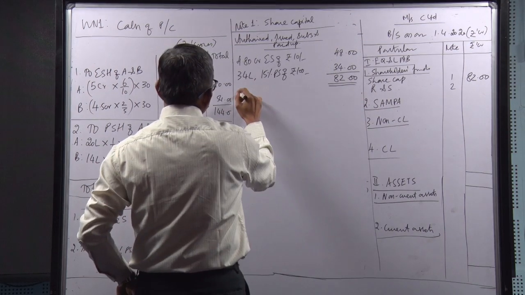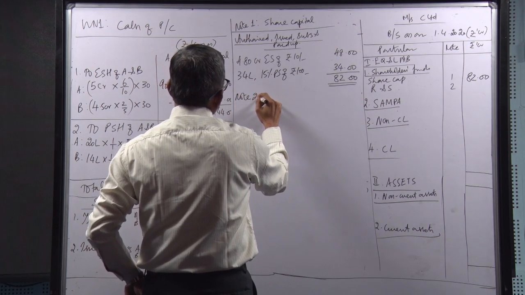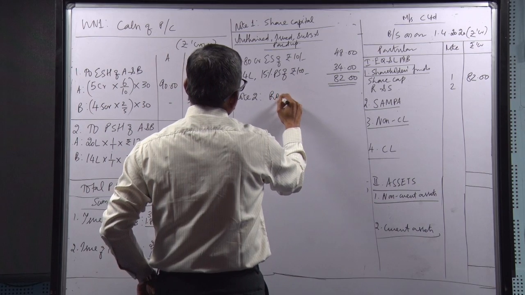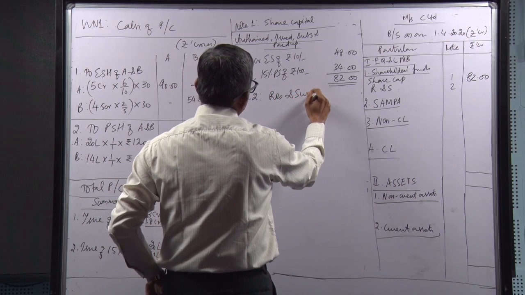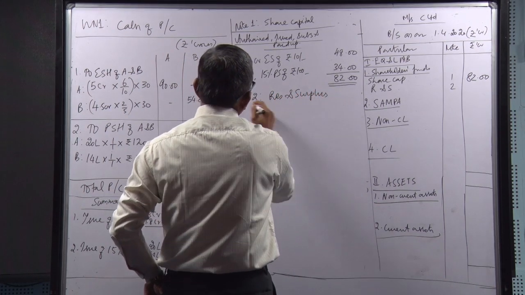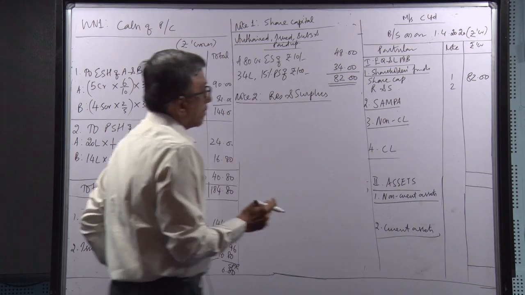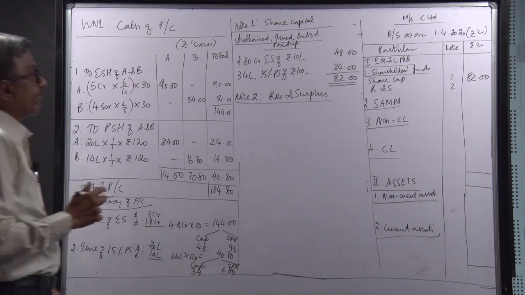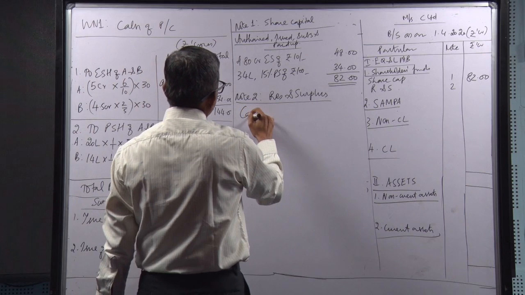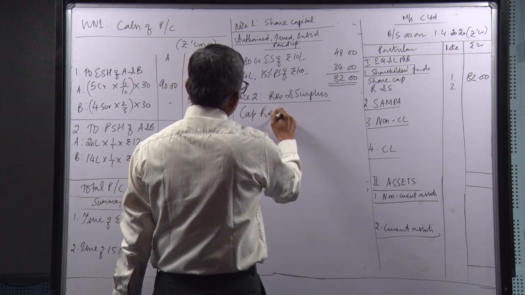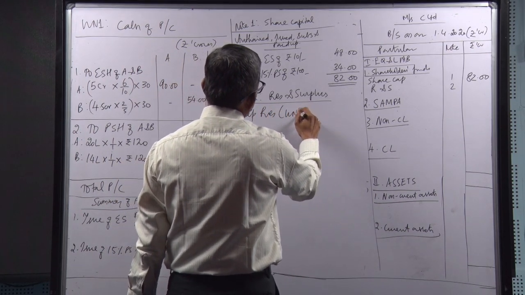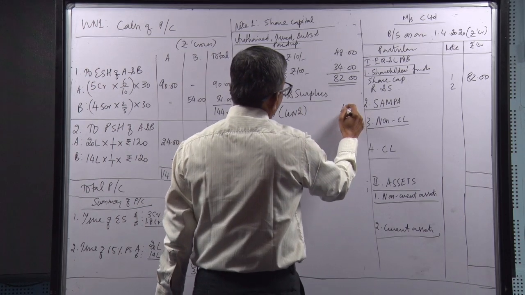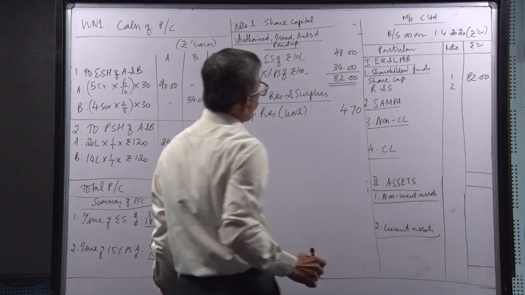Then note number 2, reserves and surplus. Remember, we calculated capital reserve on account of purchase. You put that first. Capital reserve from working note number 2, 4.70 crores.